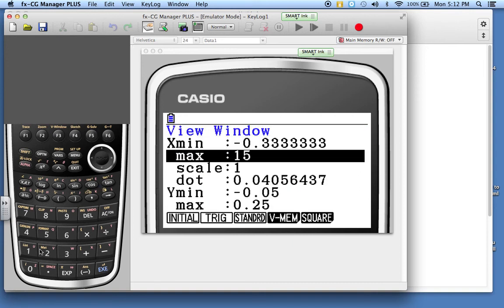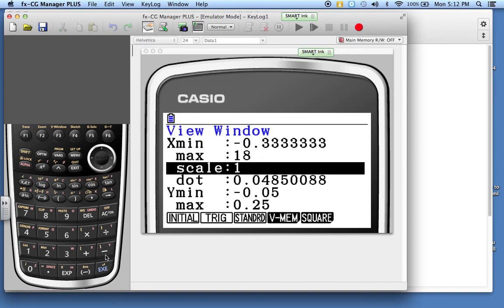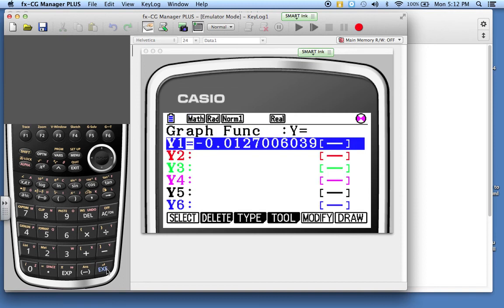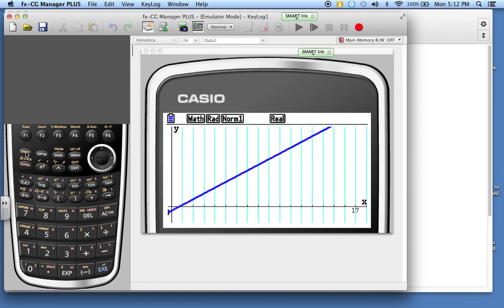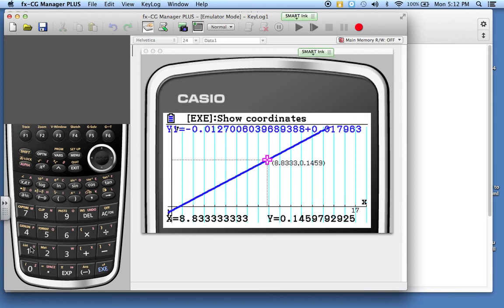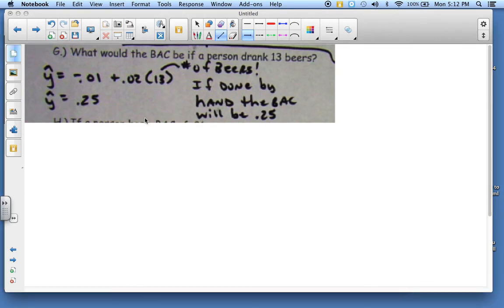Let me increase this to 18 so I can see it on there. All right, again, I'm going to shift trace. I'm going to plug in 13. So a person who drinks 13 beers should have a blood alcohol content of 0.22. All right, so that's what I would put here.